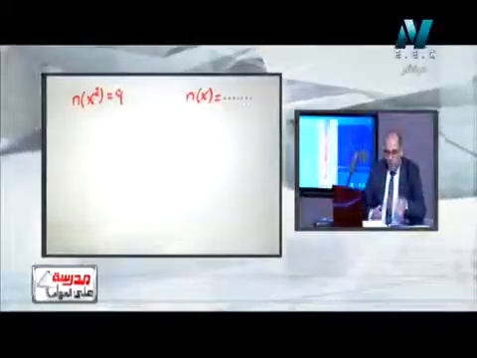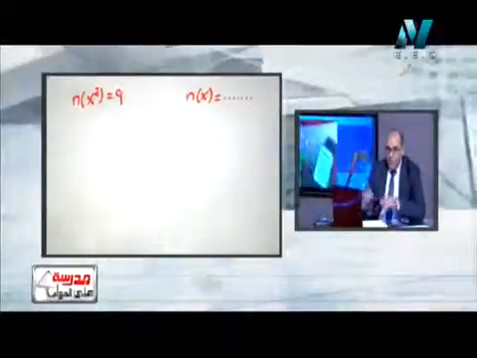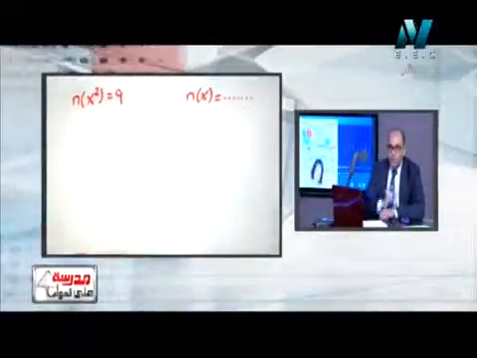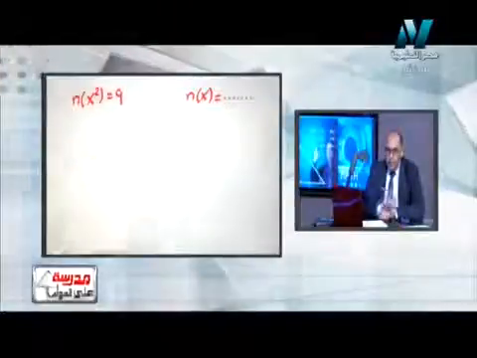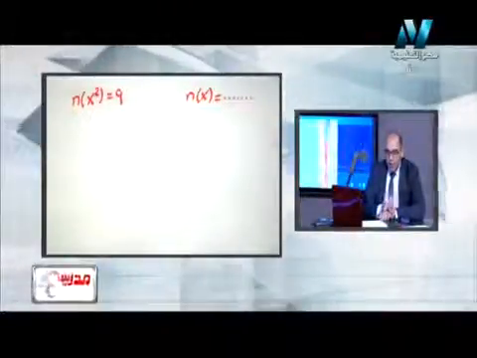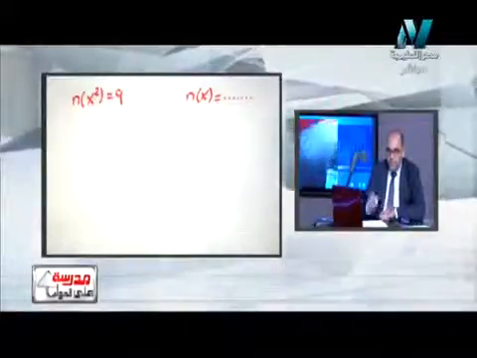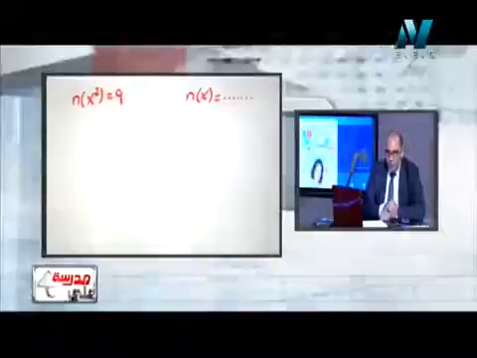What did we say? If I have n of x, the number of elements of x, to find n of x squared, you can square the number. What about the opposite? Here do you have n of x squared equals 9? To find n of x, you can take the square root.